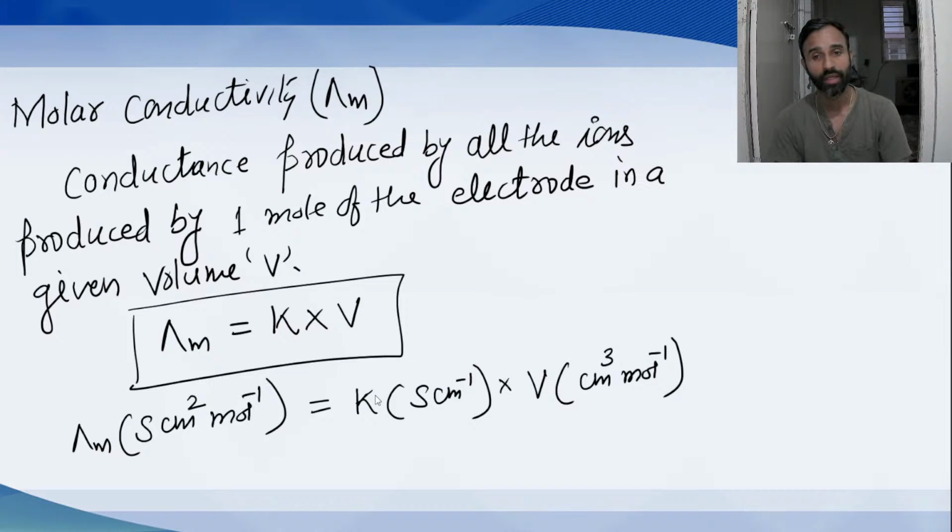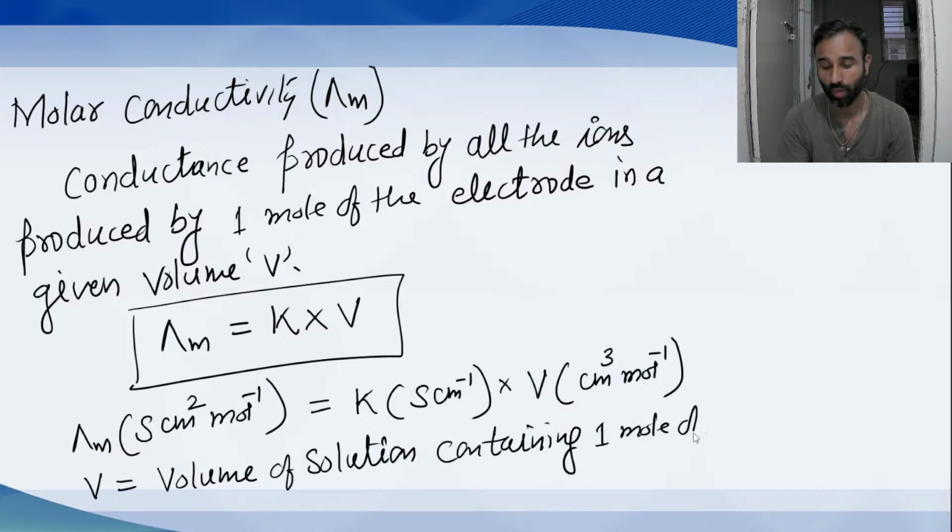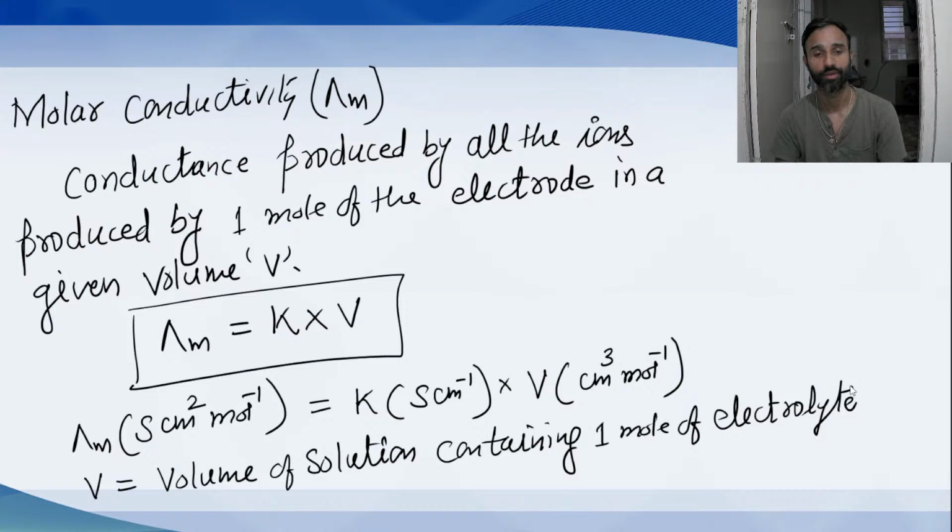Now, V is the volume of the solution containing 1 mole of the electrolyte.